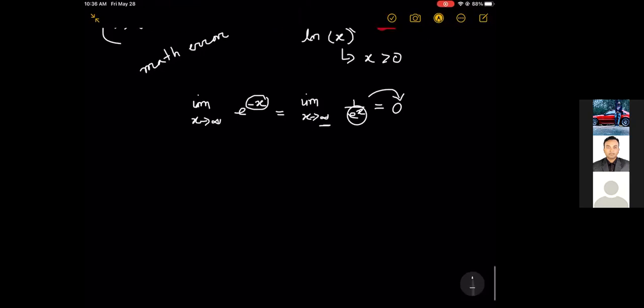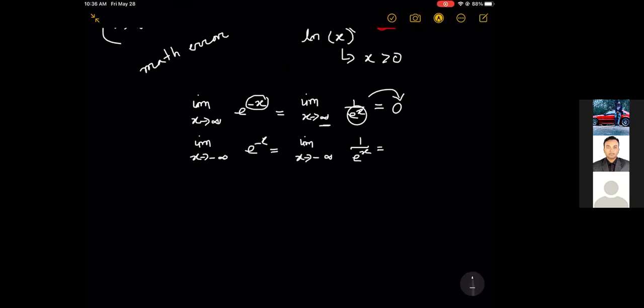And similarly, for x to the negative infinity, e to the negative x, if you rewrite it, often it makes more sense. I used to rewrite it in the convenient form when I was in your place.